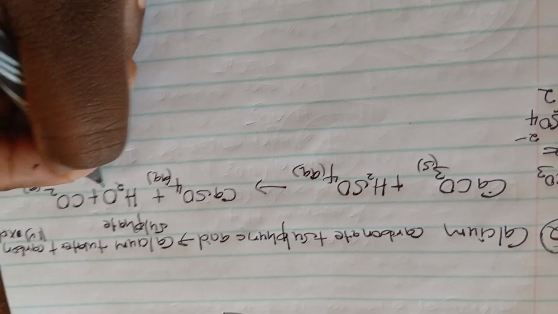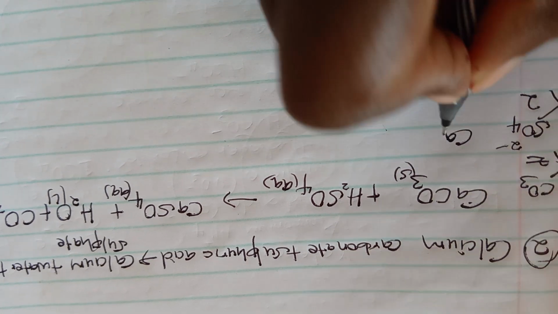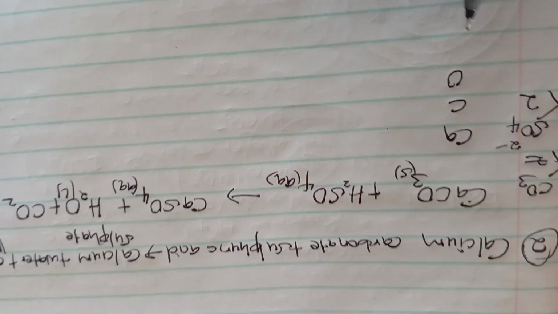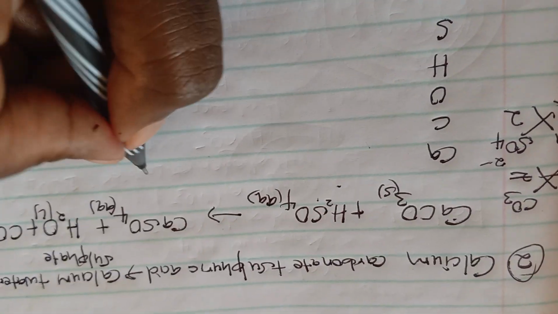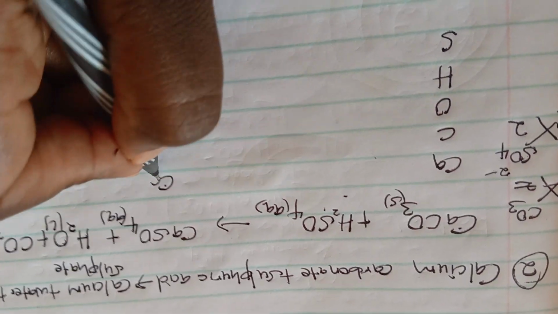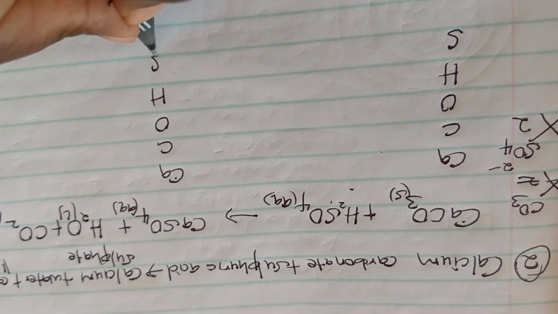This is a gas. This is a liquid. So then you write the atoms present. You have calcium, carbon, oxygen, hydrogen, sulfur. The same will be on this other side: calcium, carbon, oxygen, hydrogen, and sulfur.